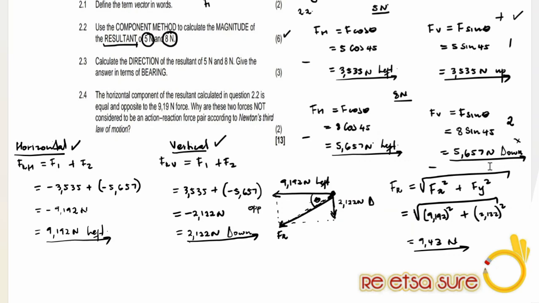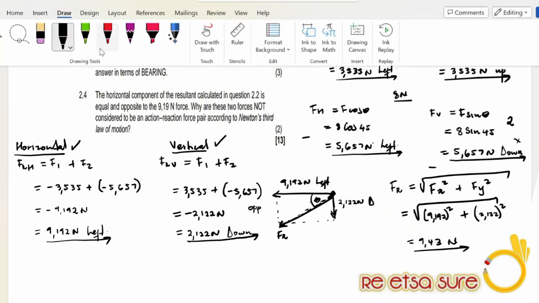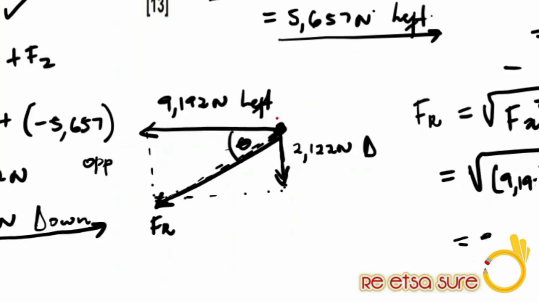Let me repeat. When they say that we must give the answer in terms of bearing, they are simply telling us that we must measure our angle from north moving in a clockwise direction to our resultant. Okay? So now, let me do this.